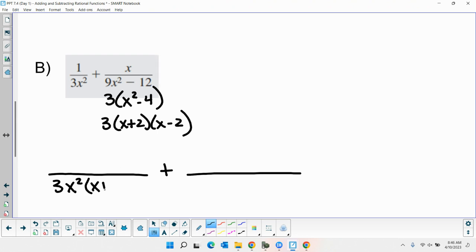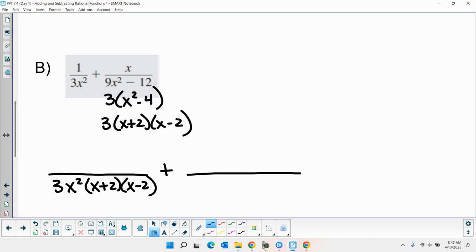I see an x plus 2 and an x minus 2. So whatever shows up, you write down. So I saw that 3, that x squared, because that's all you could do, right? It's not factorable. 3 showed up again. I don't have to write it again. An x plus 2 and an x minus 2 showed up. You got to write them down. That's my common denominator.